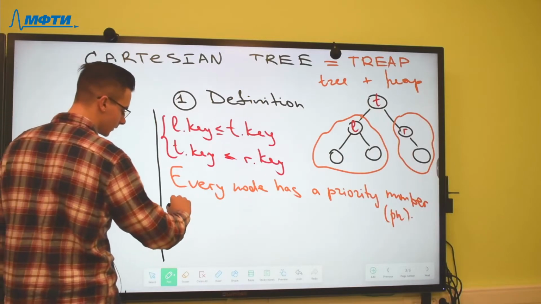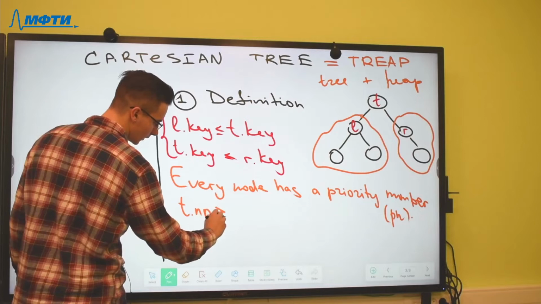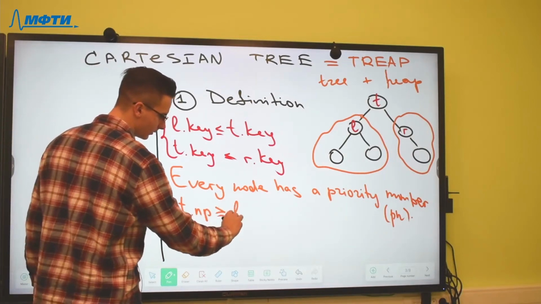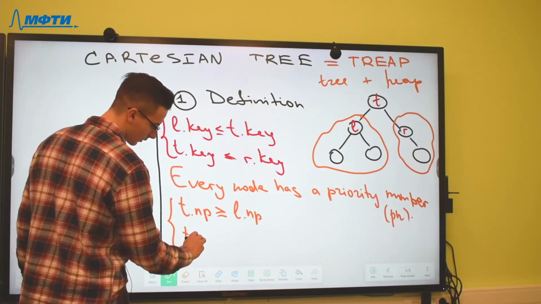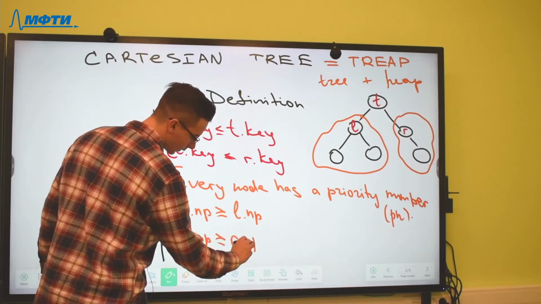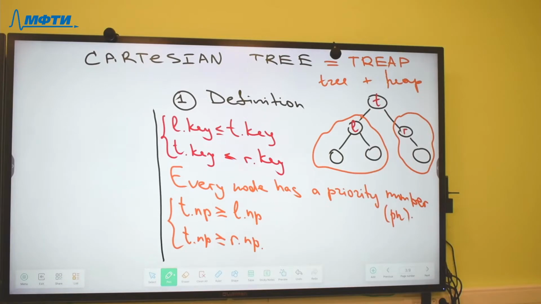T's priority will be bigger than L's priority and bigger than R's priority.